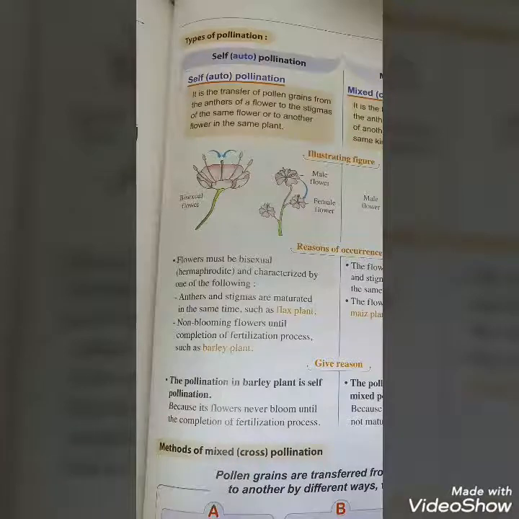It has the male organs, which contain anther, and the female organ, which contains carpels. The anther and the stigma mature at the same time, like in the flax plant. And the flowers do not bloom until completion of the fertilization process, as in the barley plant.